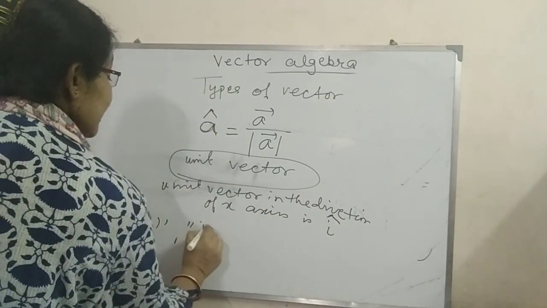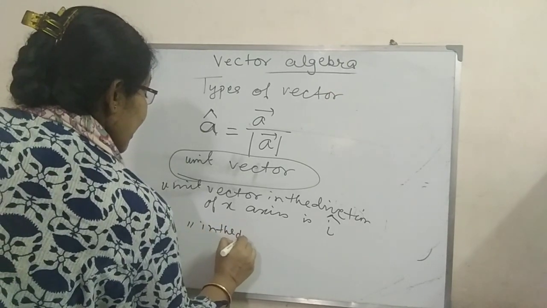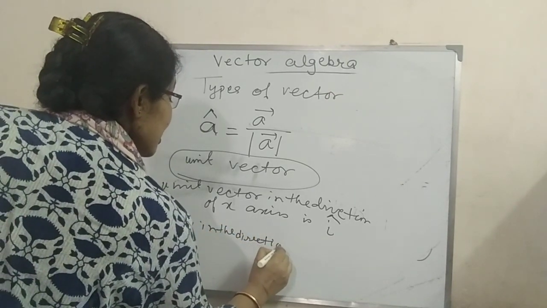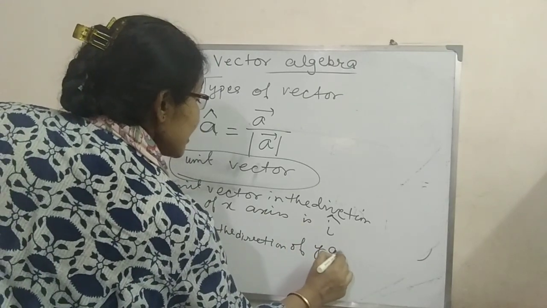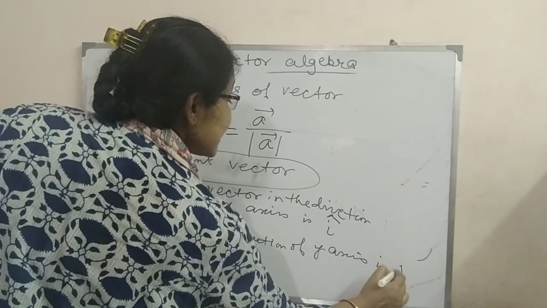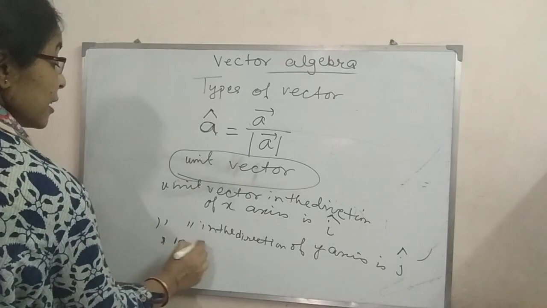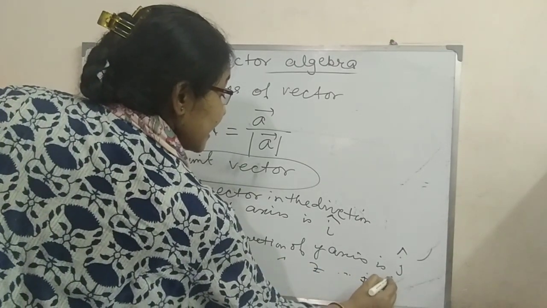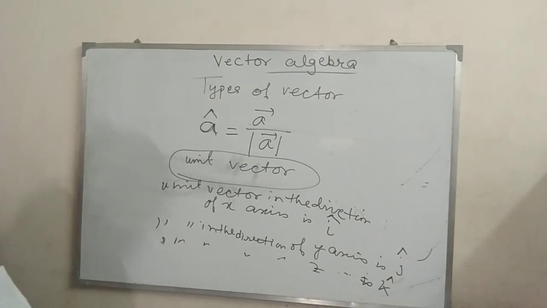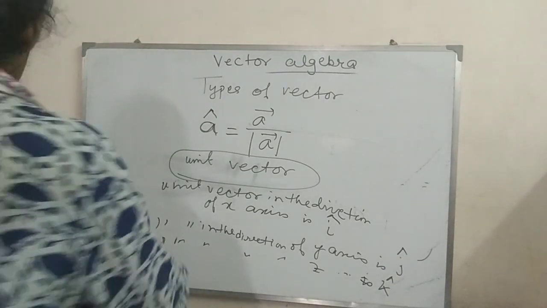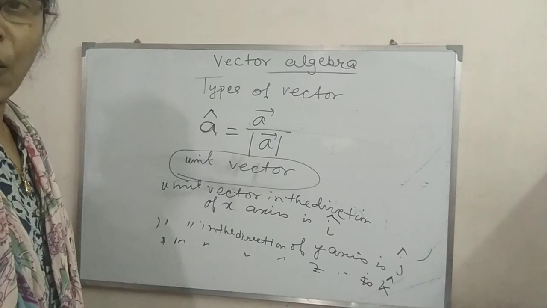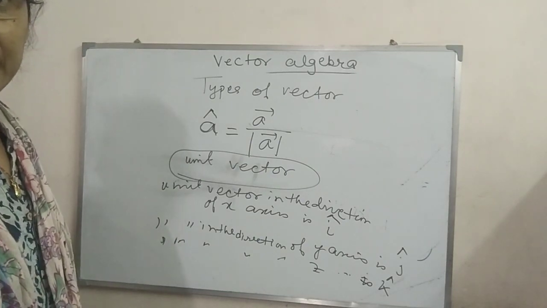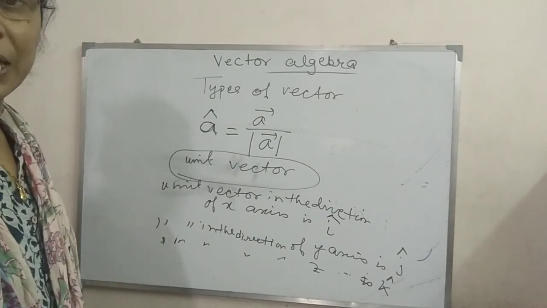The unit vector in the direction of the y-axis is j cap. The unit vector in the direction of the z-axis is k cap. Okay. Now I am ending here. The next portion will come soon.